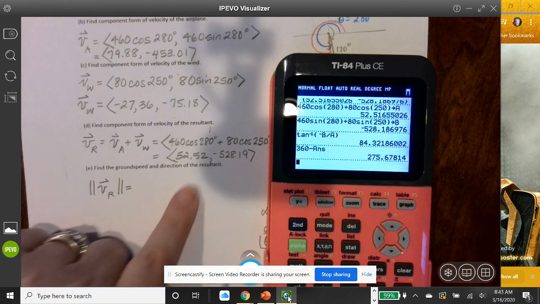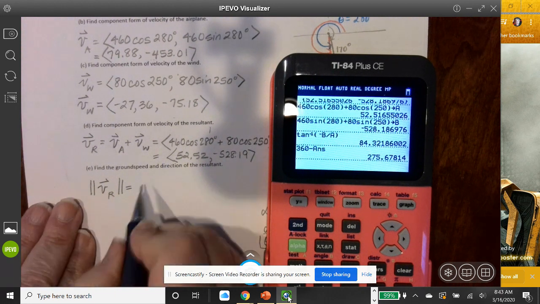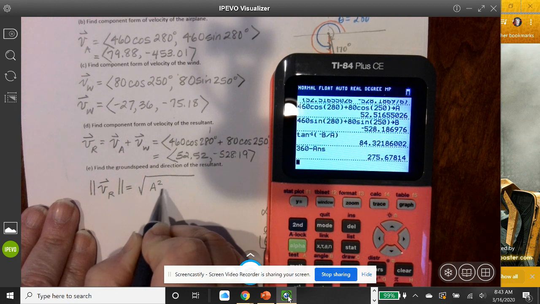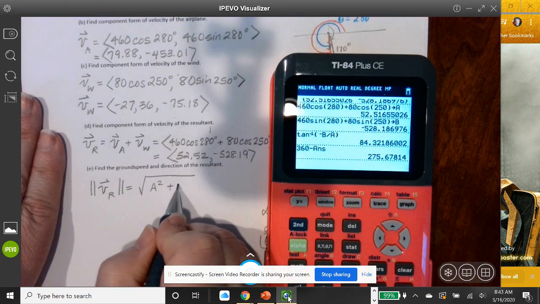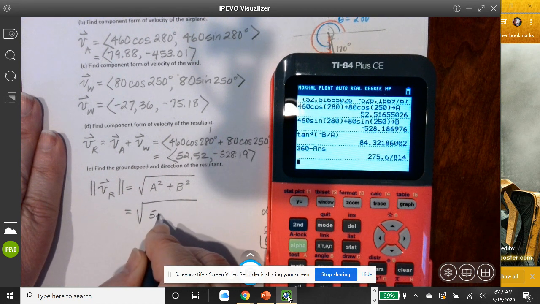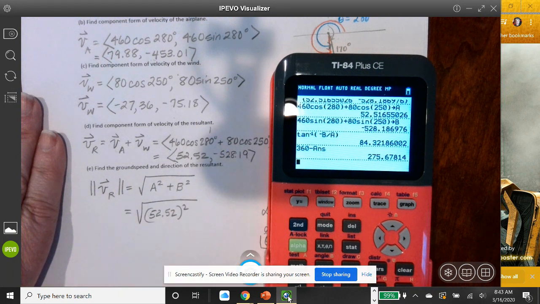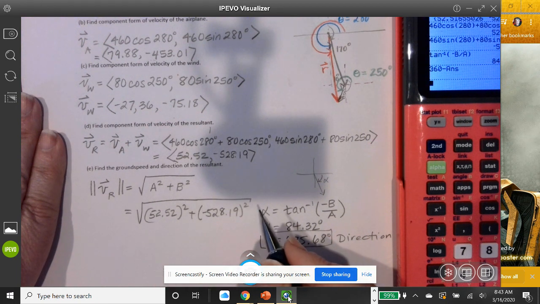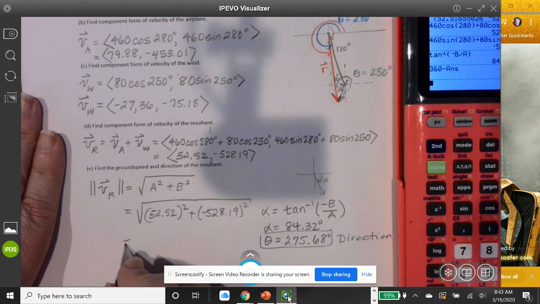Now, where did I store these component parts? Well, I stored them in A and B. So this is going to be A squared plus B squared. And remember, I said A was 52.52 quantity squared plus negative 528.19 quantity squared. All right, let's do that. How do we do that?